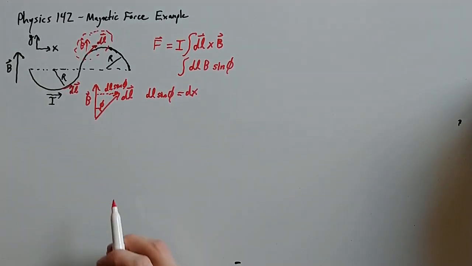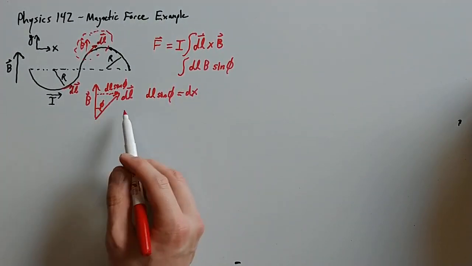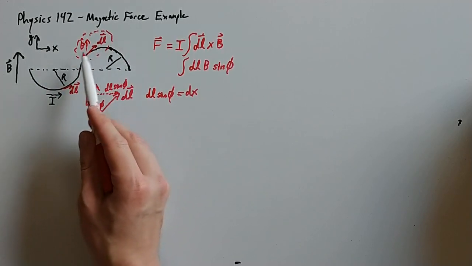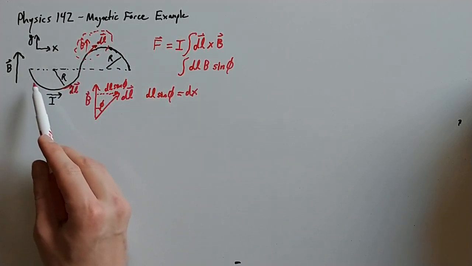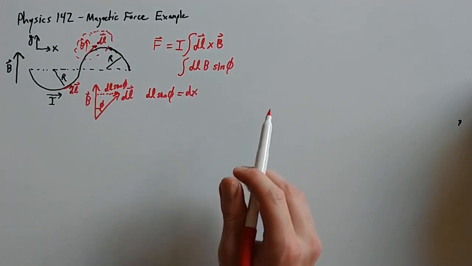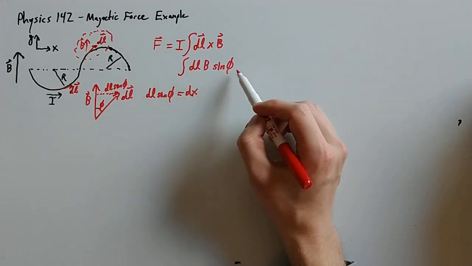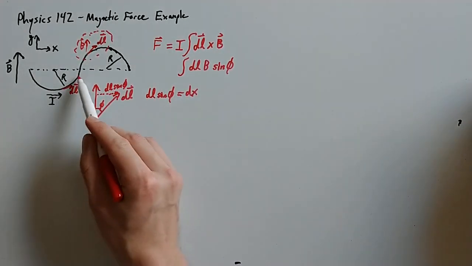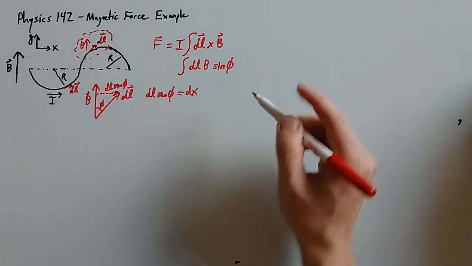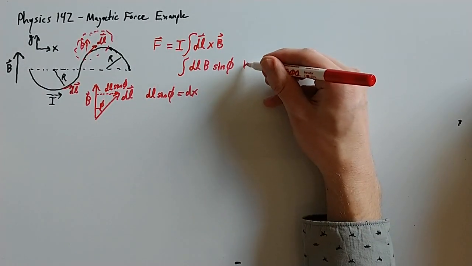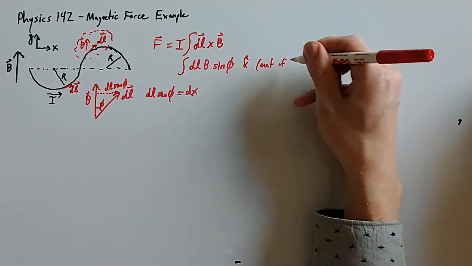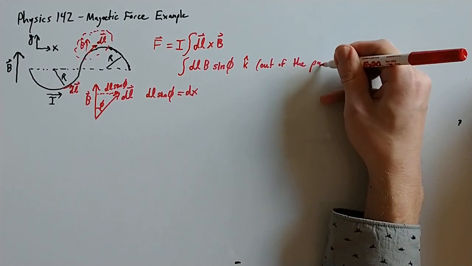So the direction of this cross product is out of the page, and we can see that no matter where we are along this, that's always going to be the case. So for every little step dl, the cross product always has the k hat direction. It's always coming out of the page.